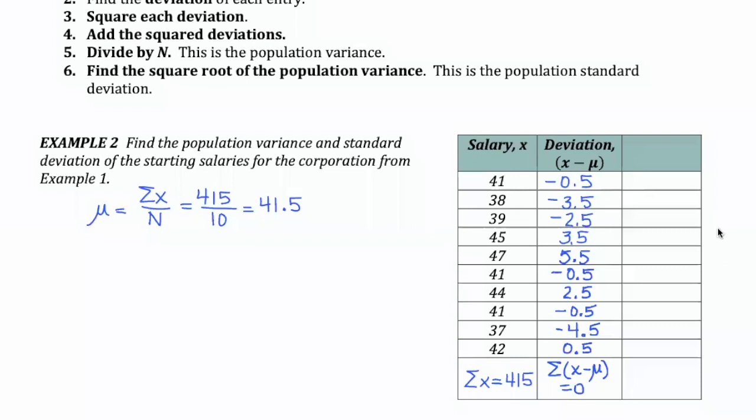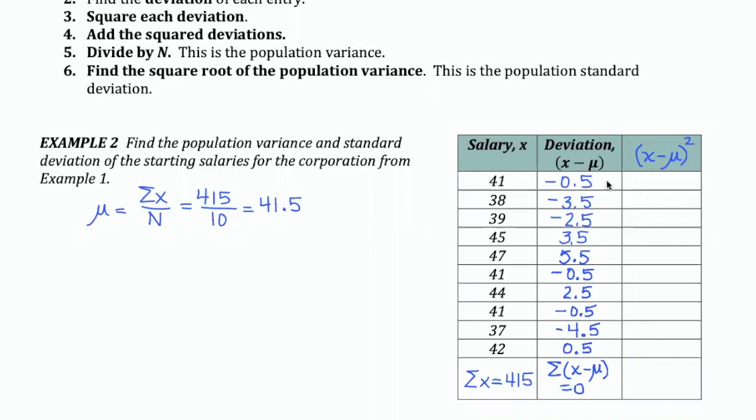All right, now that that's finished, I am ready to do the next step. We found the mean, we found the deviation. I am now supposed to square each deviation. So this next column will represent the x minus mu pieces of data squared.